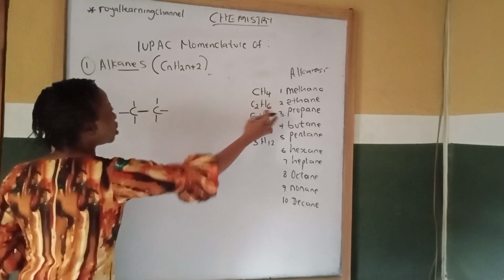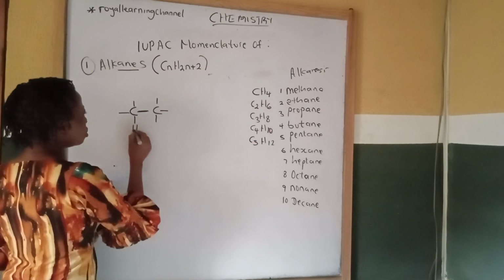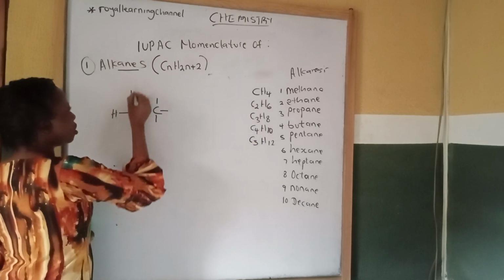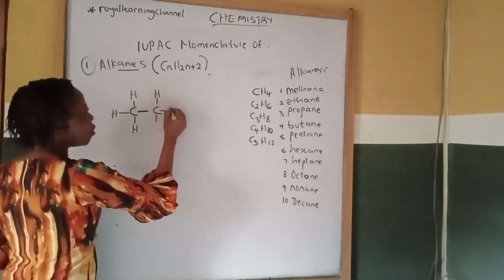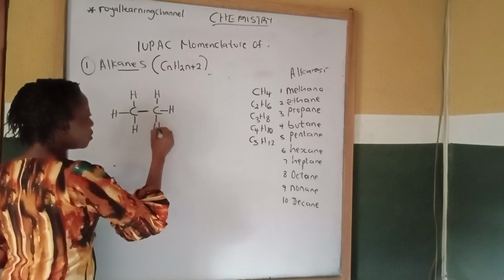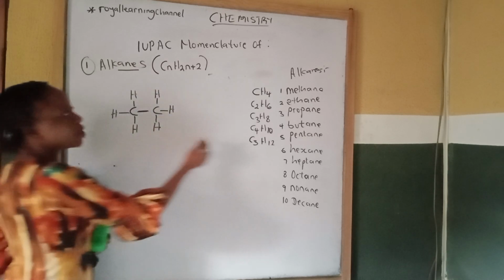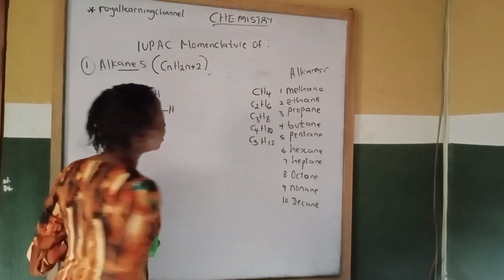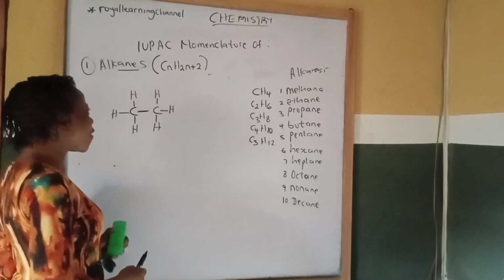Now with how many hydrogen atoms? 6. 1, 2, 3, 4, 5, 6. This is the structural formula for ethane.